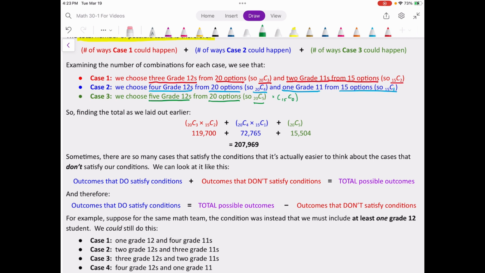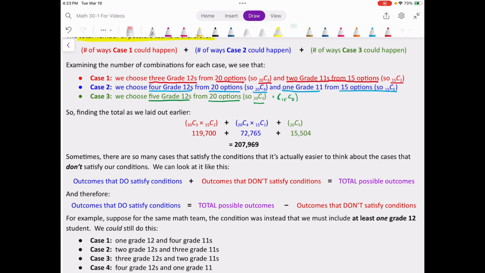So what do you think 15 choose 0 is? How many ways are there to choose 0 things? Well, there's 1, right? There's 1 way to choose 0 things. You don't pick anything. That's the only way to do it. So 15 choose 0 is 1. When we multiply 1 by 20 choose 5, we still end up with just 20 choose 5, right?